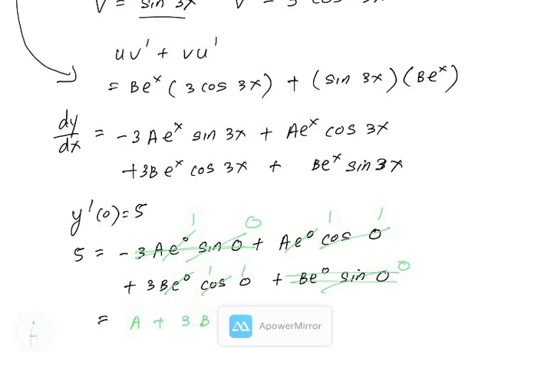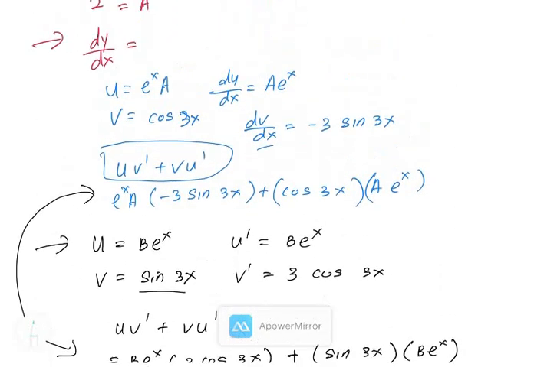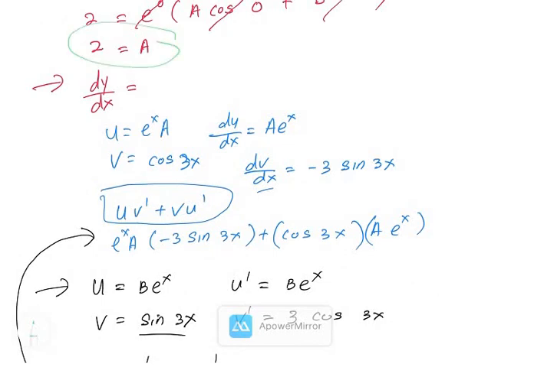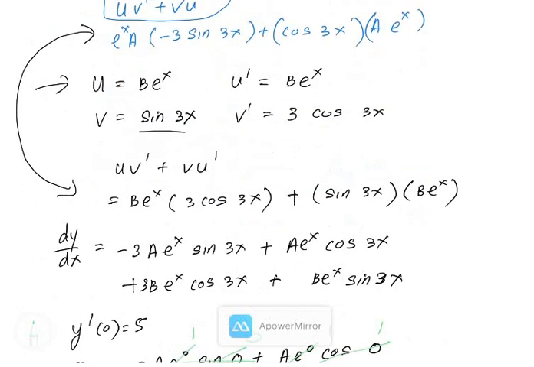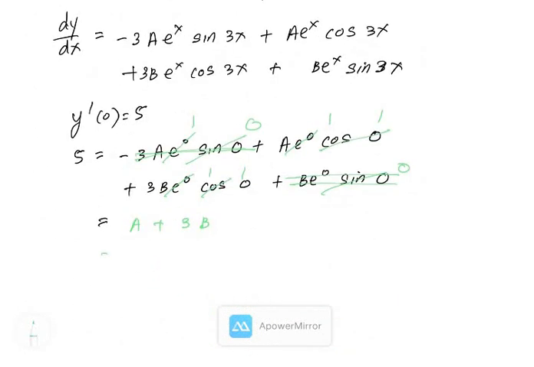Then what is the a value? From just now, a is equal to 2. You substitute the value: 2 plus 3b equals 5. So 3b equals 5 minus 2, which is 3. 3 divided by 3, so b is 1. Therefore, your final equation is this one.